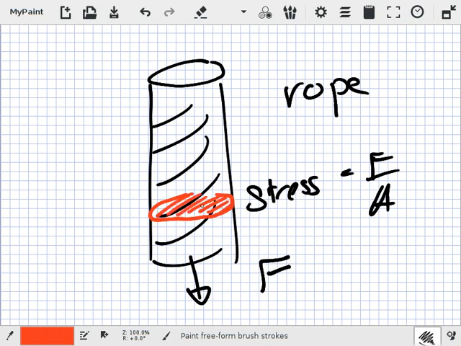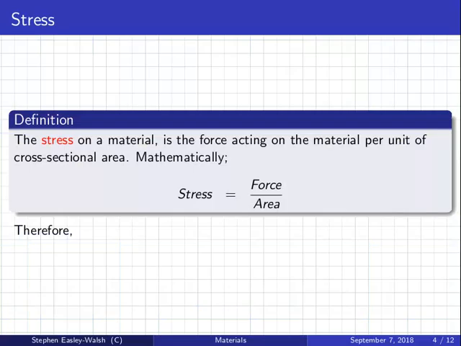It's a lot like pressure, isn't it? In fact, what's the units for stress? It's pascals, because it's newtons per meter squared. So you'll need this definition. So the units is definitely pascal.